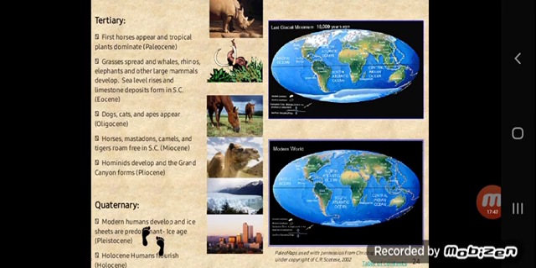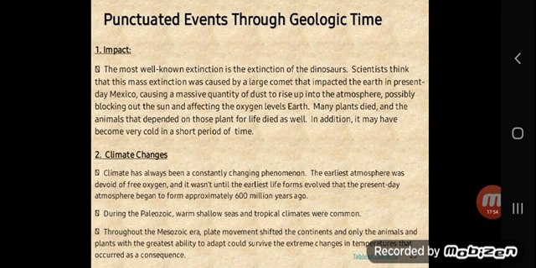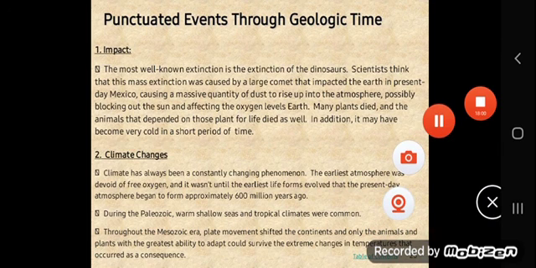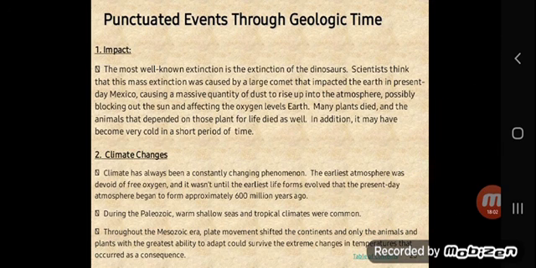Quaternary, modern humans develop and ice sheets are predominant. Holocene, humans flourish. So let's proceed to the punctuated events through geologic time. Impact is the most well-known cause of the extinction of the dinosaurs.